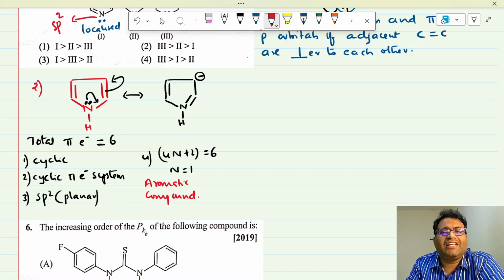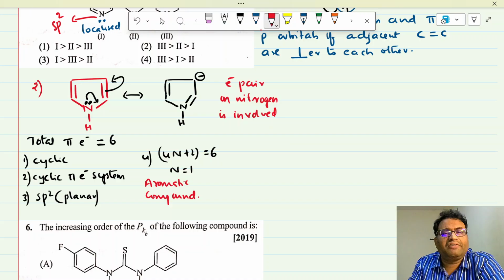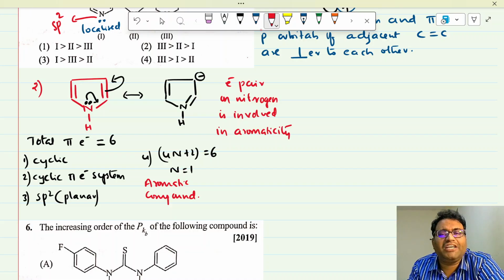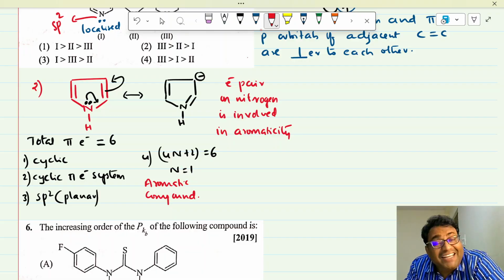Okay, we can say that the electron pair on nitrogen is involved in what? Aromaticity. Due to aromaticity, stability increases. As they are involved in aromaticity, are they available to donate?